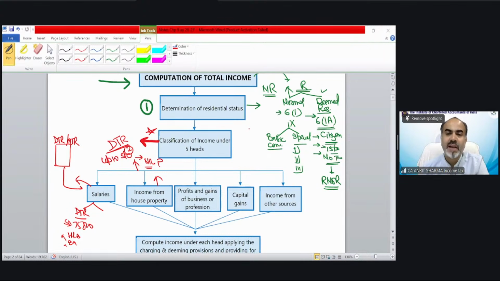Because in case of self-occupied properties, when we cannot claim the interest benefit, technically we cannot deduct anything. So the answer would always be nil, and you do not need to waste your time.